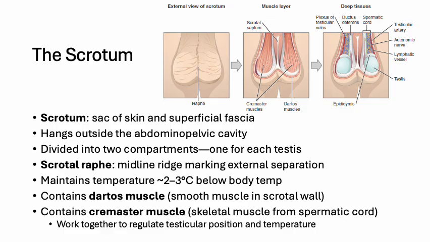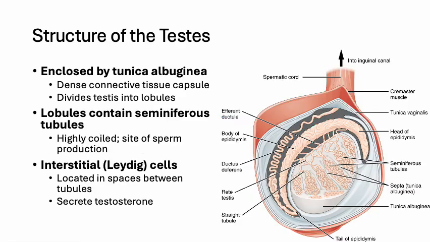Externally, this division is marked by the scrotal raphe, which is a visible ridge running along the midline. Thermal regulation is managed by 2 muscles: the dartos, which causes the skin to wrinkle and reduce surface area, and the cremaster, which raises or lowers the testes in response to temperature changes. This system ensures a stable environment for sperm development.